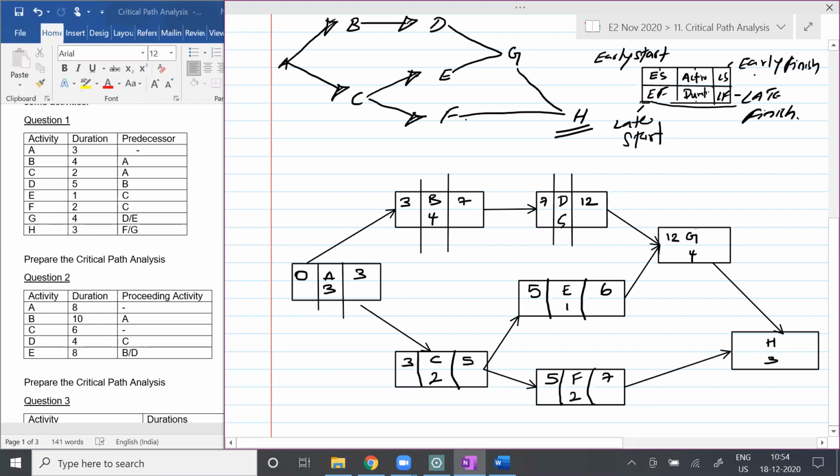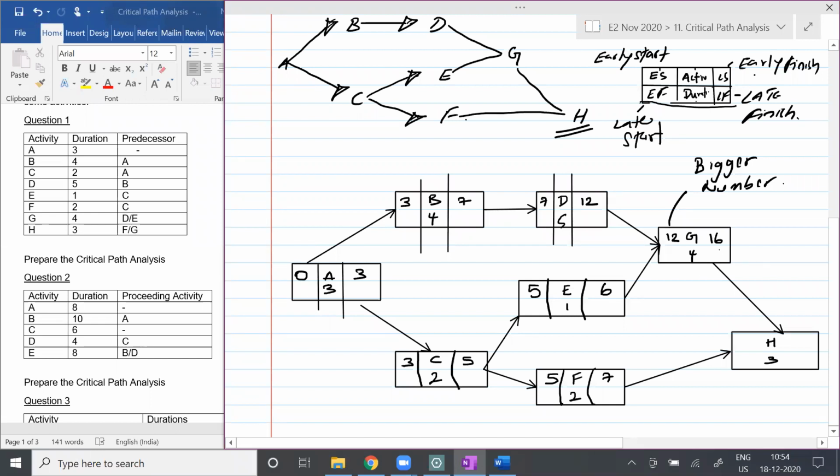So the bigger number is 12. You get what I'm saying, students? So worst case scenario, it will take how many weeks to start G? 12. So 12 plus 4, you can complete this within how many weeks? 16. Any questions there, students?